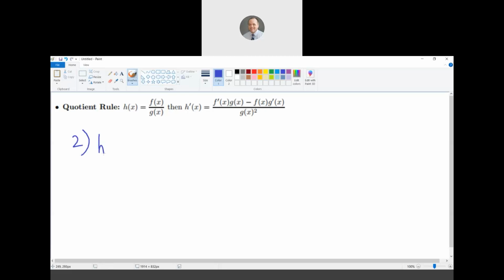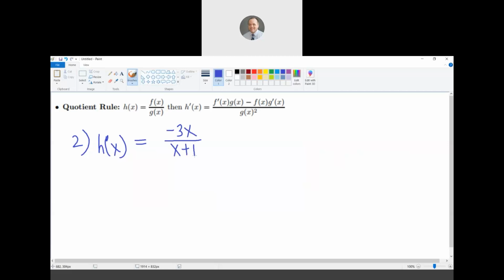Second example, given h of x is equal to negative 3x over x plus 1, find the first derivative.